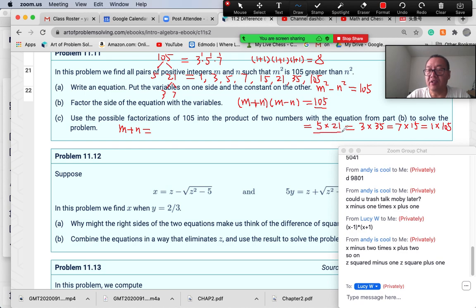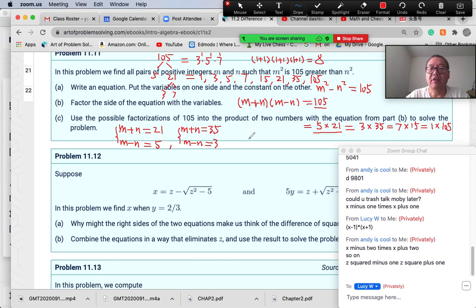So for the first one, we set m plus n equals 21 and m minus n equals 5. This is the first system. The second one: m plus n equals 35 and m minus n equals 3.